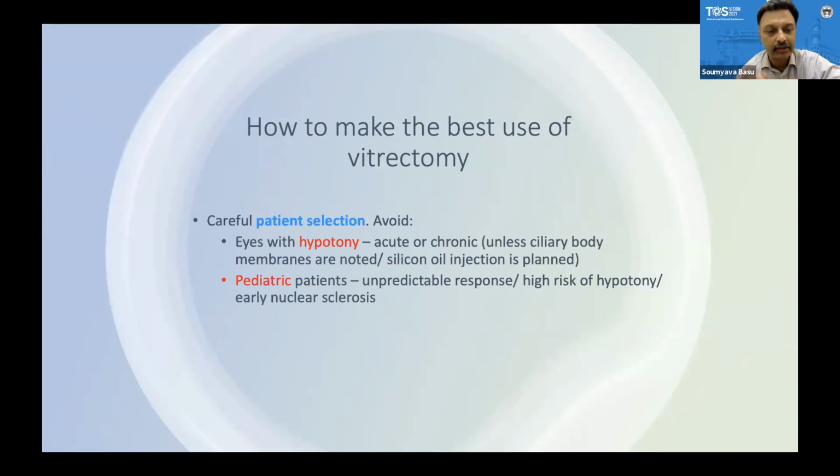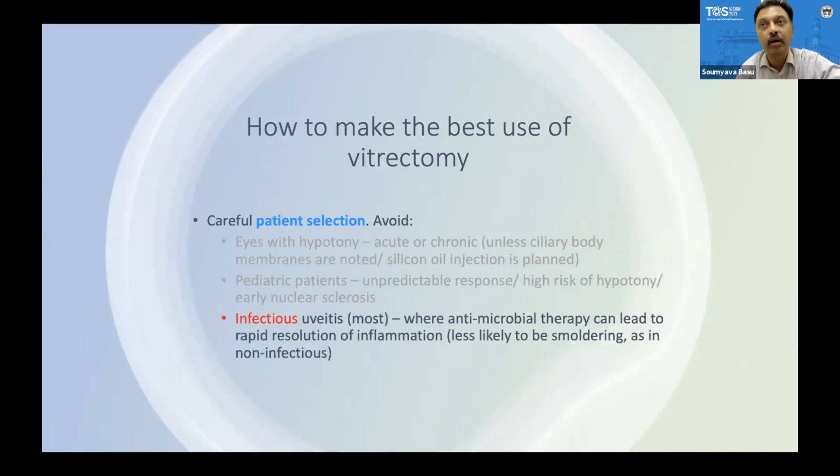Some of the patients where we should avoid doing a vitrectomy are those with hypotony, because vitrectomy can induce further hypotony in these patients. Pediatric patients are best avoided because the vitrectomy is going to induce an early cataract in these patients.